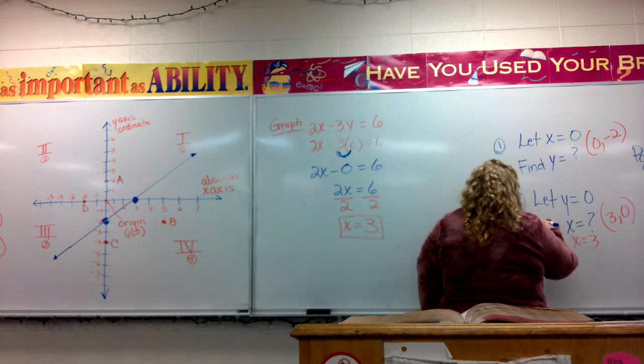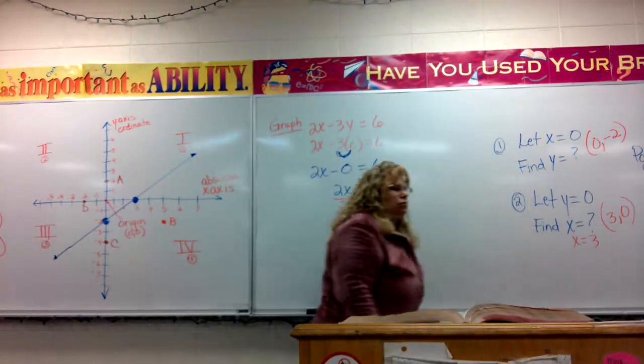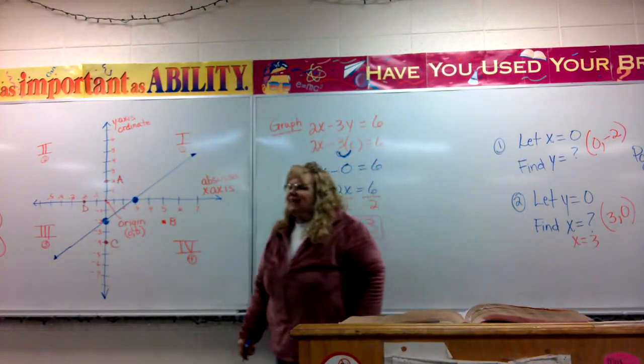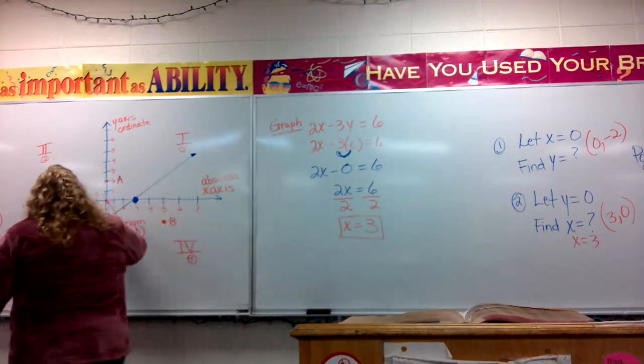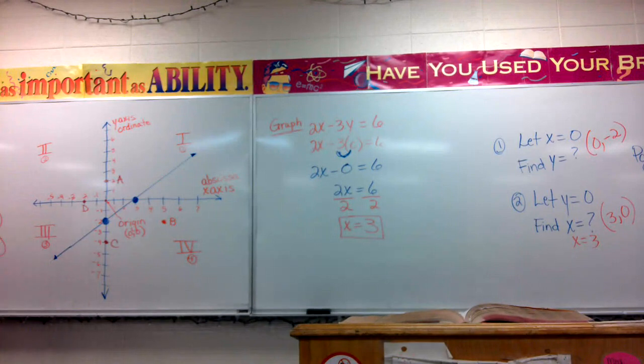You let y equal 0, and you find what is x equal to. And you plot those two points, and you just connect those, and that's your line then. Does that make sense? Yes. Does that make sense? That's all I have.